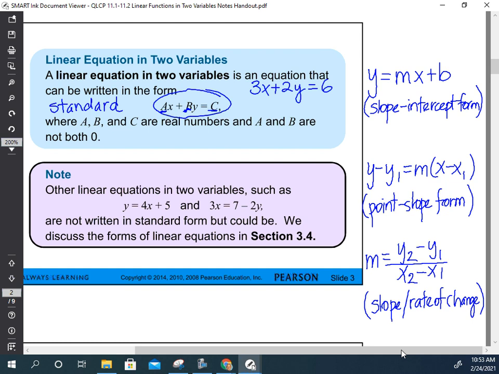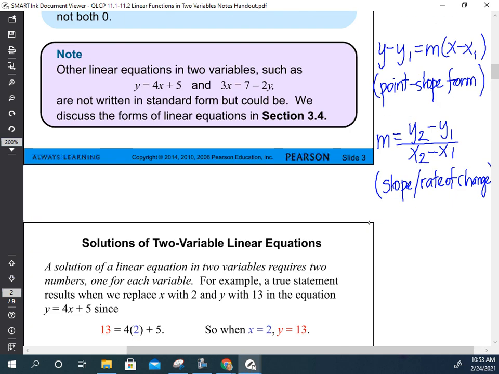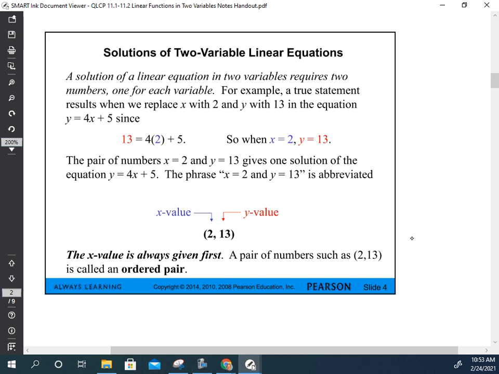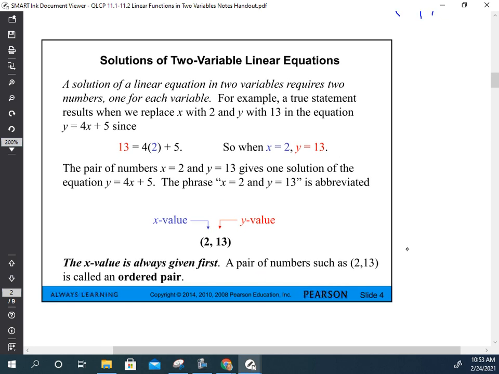So let's work with a linear function. So, when we work with a linear function, think back to the unit we just came out of. If you have one variable, so 5x minus 6 equals 29. So if you solve that out, you have x equals 7.